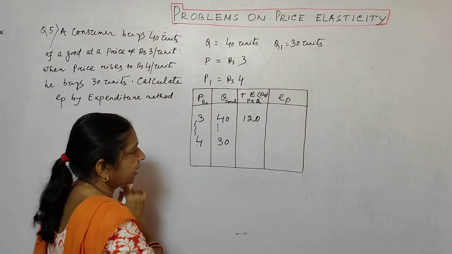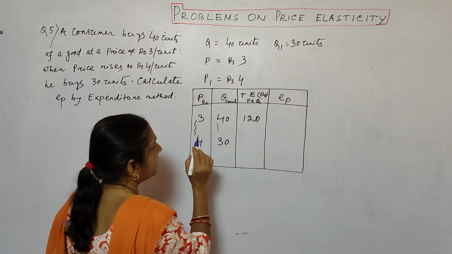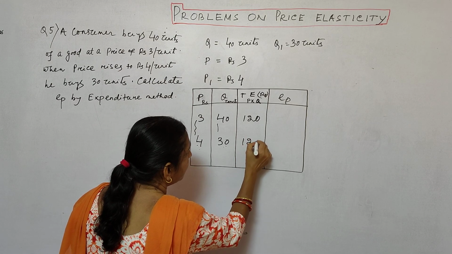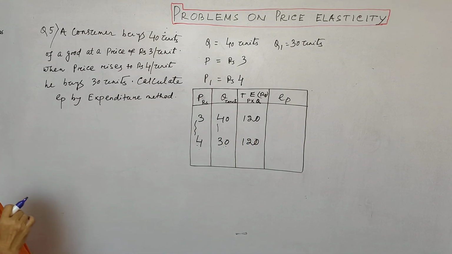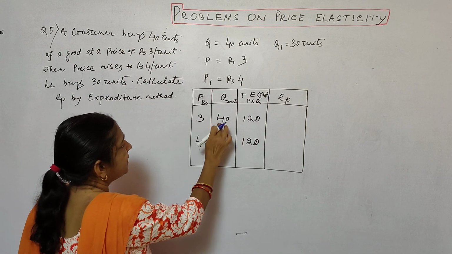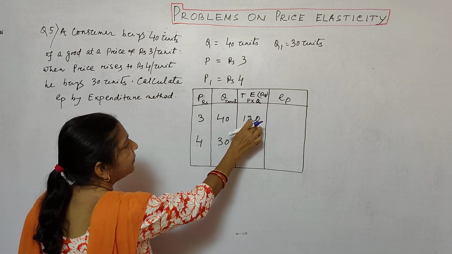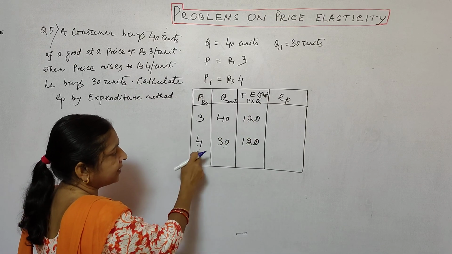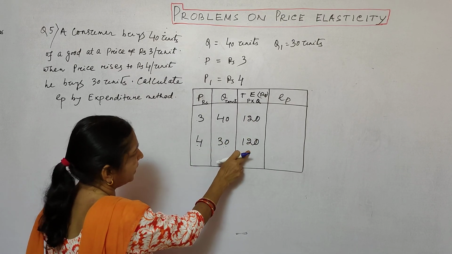So what will be the total expenditure here? Price into quantity comes to 120. So friends, you see here this is initial price, initial quantity and total expenditure. Final price, final quantity and its total expenditure.